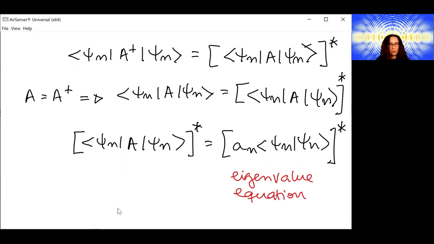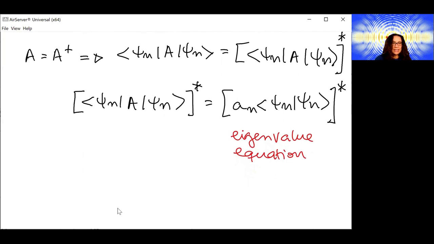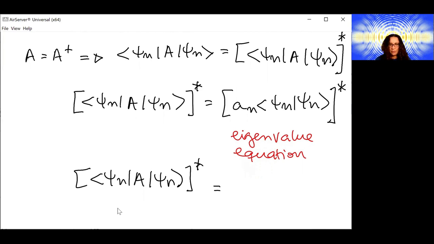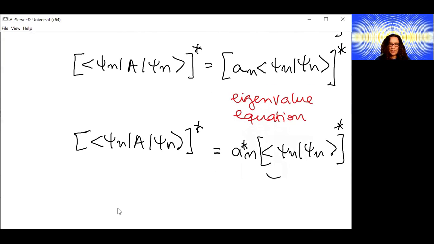But also we know that because we have this complex conjugate, ⟨ψn|Aψn⟩ star is going to be equal to an star ⟨ψn|ψn⟩ star, which in this case is going to be ⟨ψn|ψn⟩.